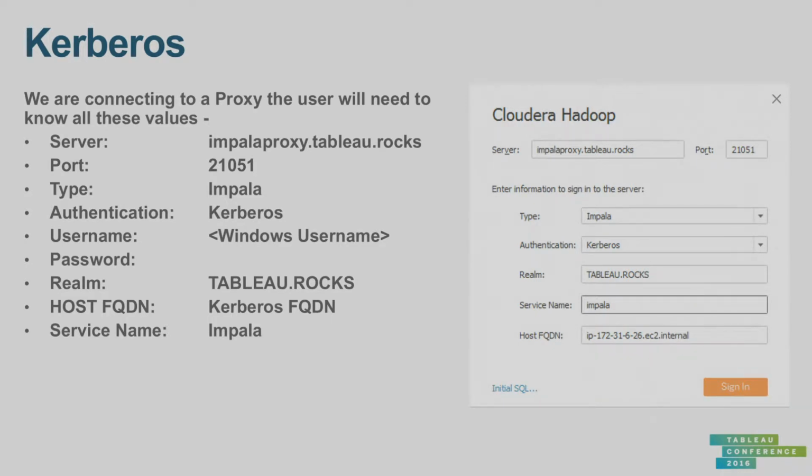This is just the DNS name of the cluster from outside. This name is what it's known as inside that I'm connecting to. This is actually the proxy's internal, fully qualified domain name. In a lot of cases, your setup might be the same, but it doesn't have to be. That's something your Hadoop administrator would need to tell you.